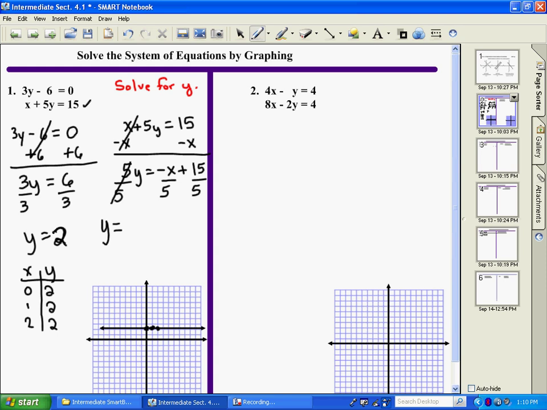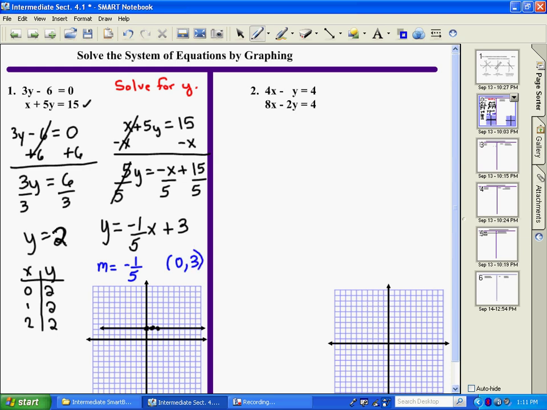Y equals, there's a known 1 in front of that negative, so I'm going to put negative 1/5 x plus 15 divided by 5 is 3. Once we have these simplified, I'm going to ask you to recall the slope, which is negative 1/5, and your y-intercept is the ordered pair (0, 3).